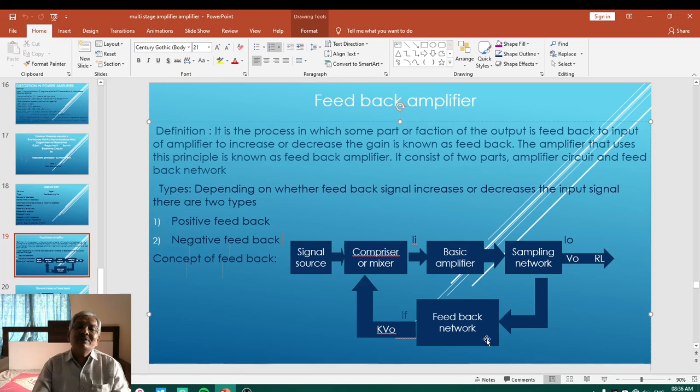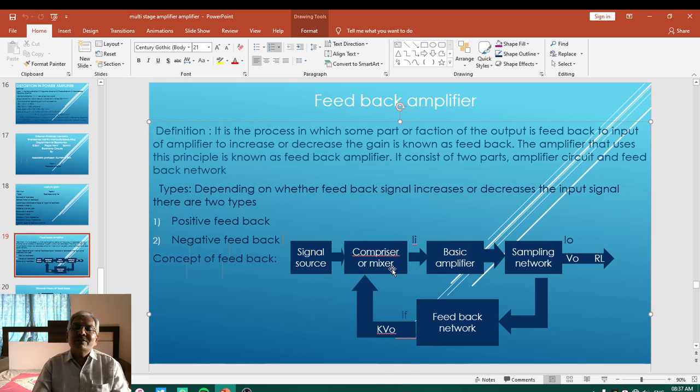As at the beginning of this topic, in the definition we have studied that it consists of 2 parts. One is the amplifier and second is the feedback network, which are represented here. So this is the basic amplifier circuitry, whereas this is the feedback network. The output of the feedback network is given back to the comparator, and this is the feedback signal. This feedback signal is given to the comparator or mixer.